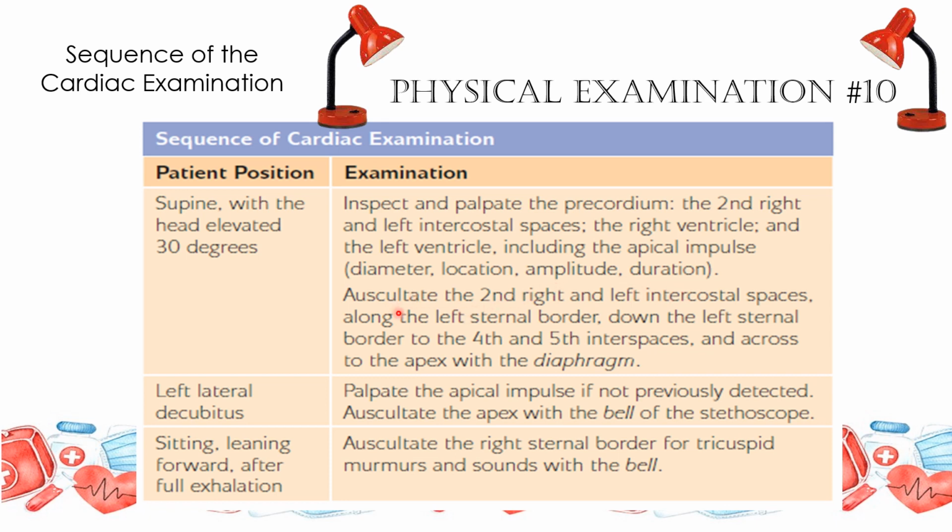You can also auscultate the second right and left intercostal spaces, along the left sternal border down to the fourth and fifth interspaces, and across to the apex with the diaphragm, and so on.